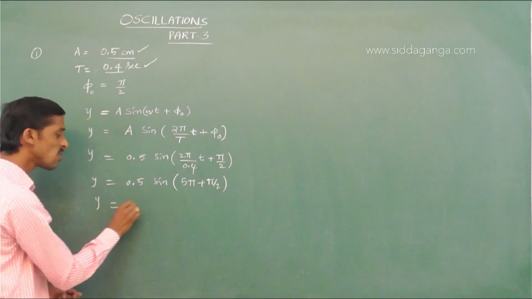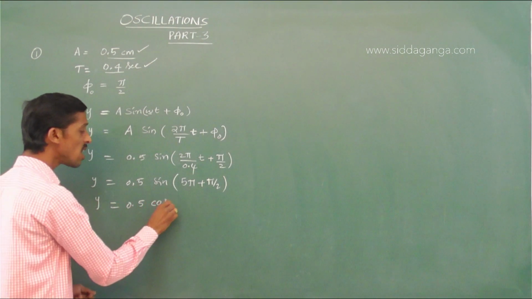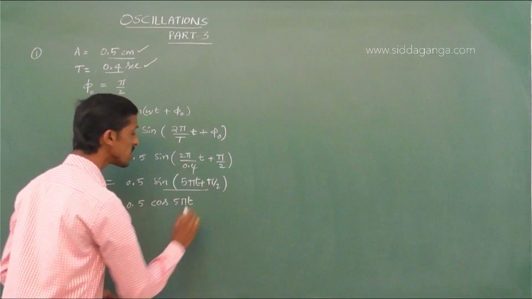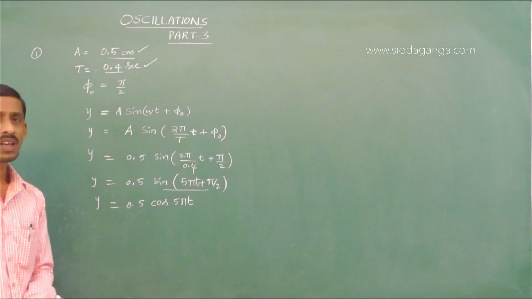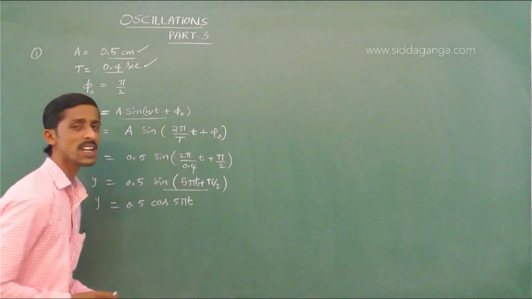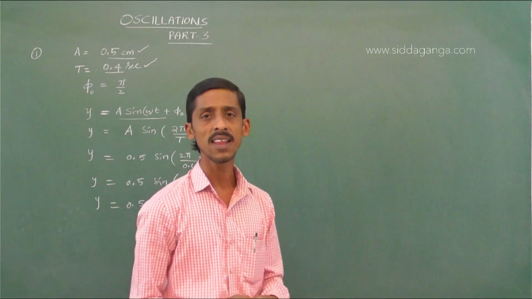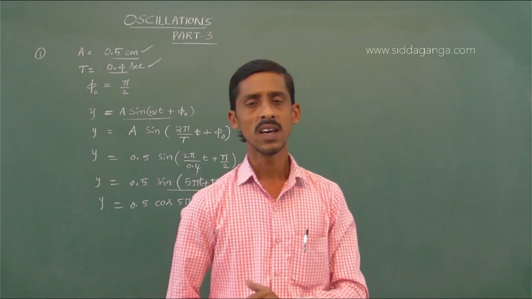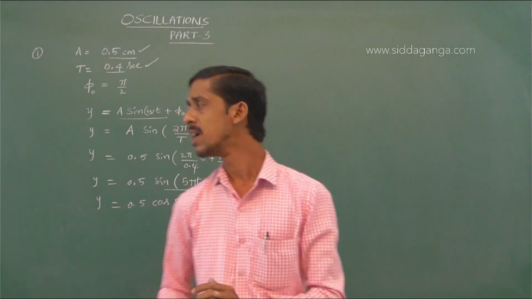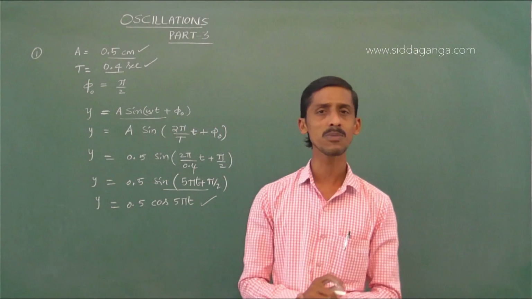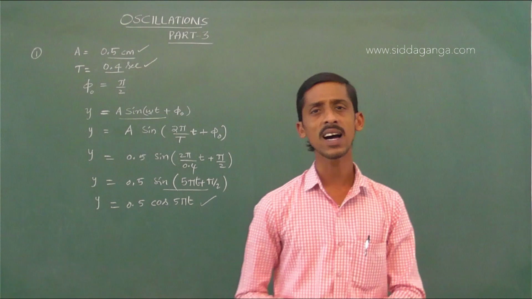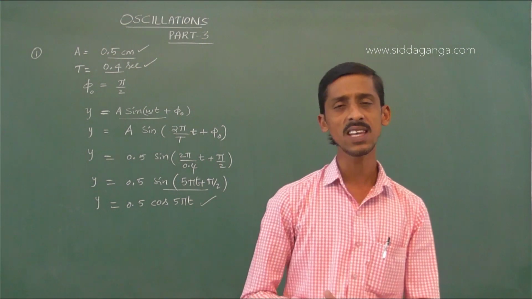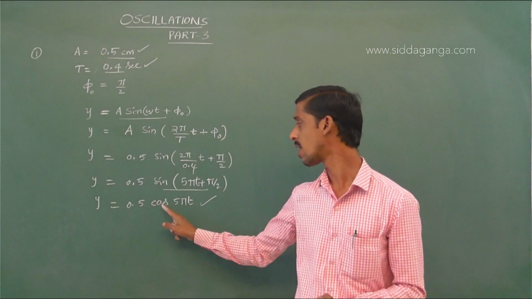Sin(90 plus theta) is equal to cos theta, so y is equal to 0.5 cos 5 pi t. When discussing the displacement equation, we said that if the particle starts from the extreme position, the initial phase is pi by 2, and the general equation for displacement is y equal to a cos omega t. So the answer is the fourth option, y is equal to 0.5 cos 5 pi t.